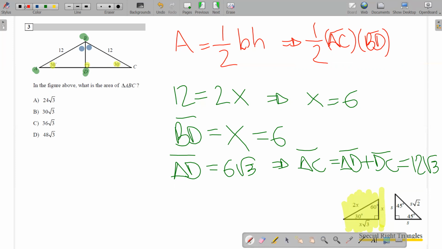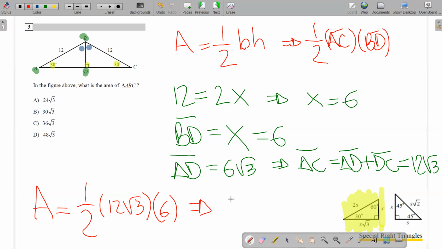So now I know all the information to find the area, because that will be 1/2 of AC, which I know to be 12 square root of 3, multiplied by BD, which is 6. 12 by 6 divided by 2, my area will be 36 square root of 3.